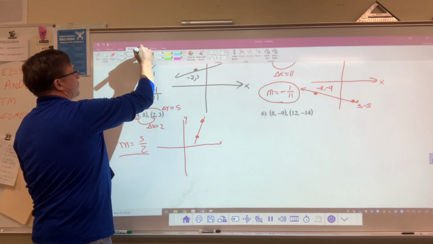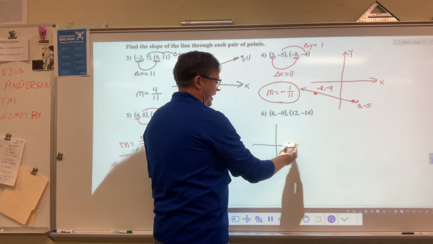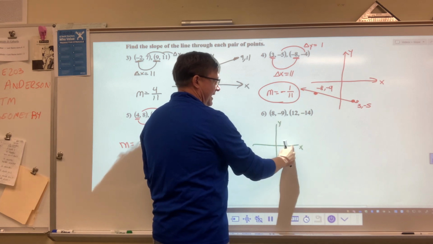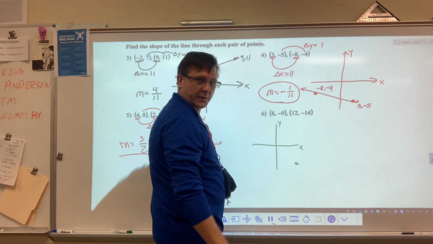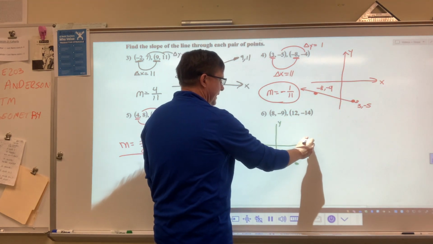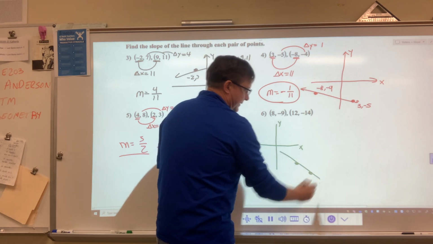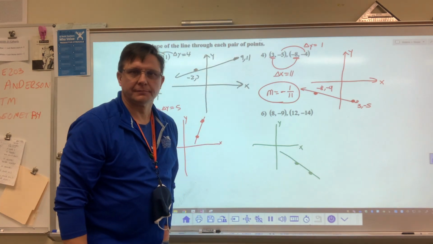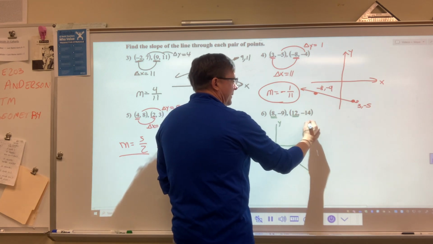Let's do green for the last one today. And again, I'll do a graph first. I always do a graph first. (8, -9) is down in quadrant 4, okay? (12, -14) is also in quadrant 4. Guys, this is a negatively sloped line. 8 to 12, maybe I'll show a little more here.